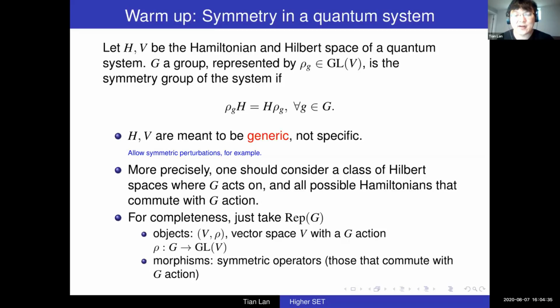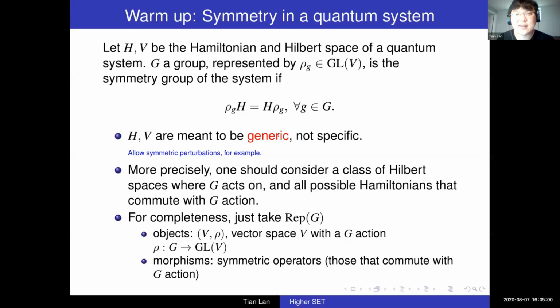This just means we are really working in the category of group representations. We take all the group representations and consider our quantum theory inside this category, whose objects are vector spaces with action, and whose morphisms are the intertwiners, or symmetric operators that commute with the group action.